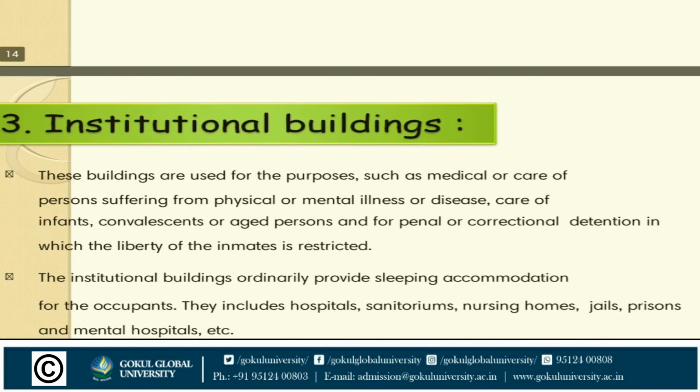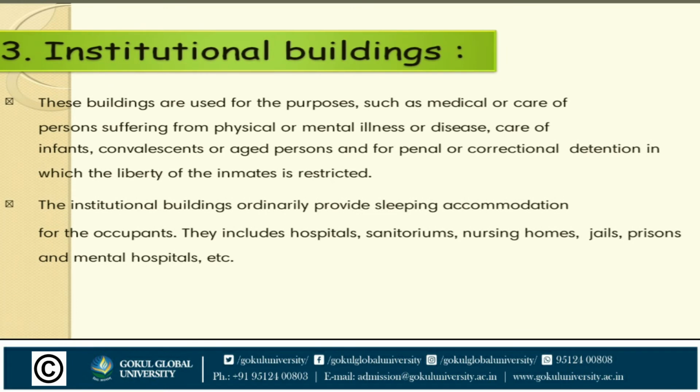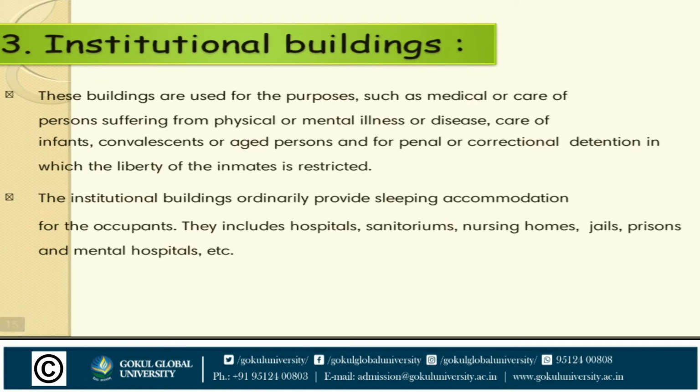Third one is institutional building. These buildings are used for purposes such as medical care or care of persons suffering from physical or mental illness or disease, care of infants, convalescent or aged persons, and for penal or correctional detention in which the liberty of the inmates is restricted.